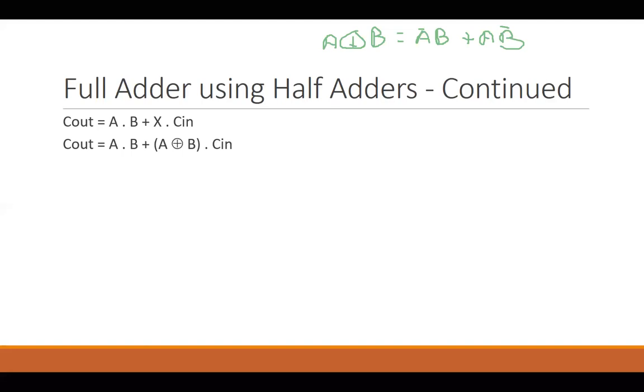This alternative representation of XOR was introduced back in your O levels, but we use that in the AS as well. So I hope that you remember that well. So I've replaced this part A XOR B with its equivalent representation in terms of the basic AND, OR, and NOT gates.